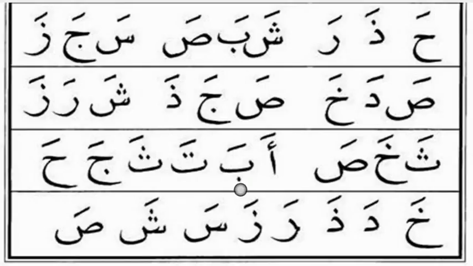A. Ba. The dot is under it. Ta. Two dots above. Tha. The th sound and three dots. Ja. The dot inside. Ha. There's no dot over here. Kha.